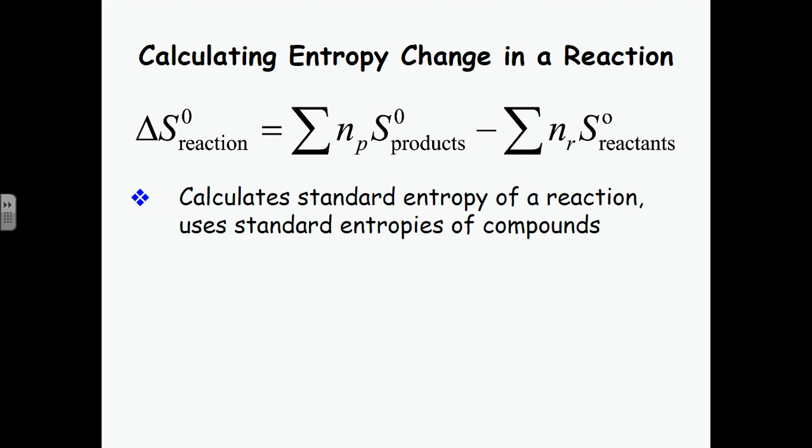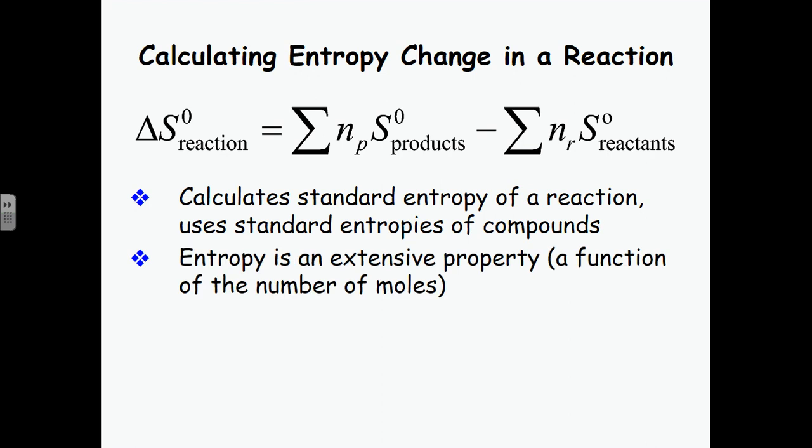Now, we've looked at this equation before, but here we're talking about calculating the entropy of a reaction. We understand that if you create more gases, entropy is going to be favored. However, if they give you values, you can mathematically calculate it by taking the entropy values of your products and subtracting the sum of the entropy values of your reactants to calculate the standard entropy of your reaction.